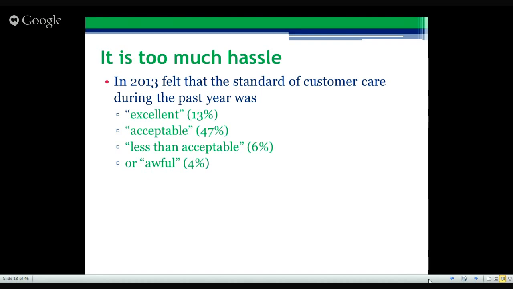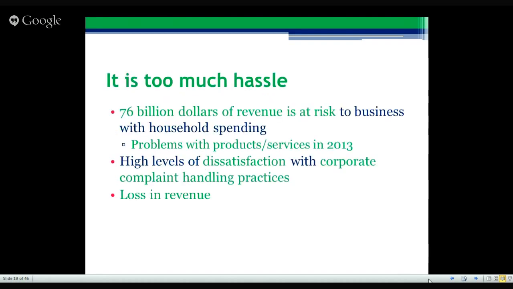But you can see that even with just a little bit extra attention to your customer service to get to that excellent will really create loyal customers. Having acceptable is good, but it's important to really outshine your competitors by having excellent customer service. And why is this? Because $76 billion of household spending is at risk.